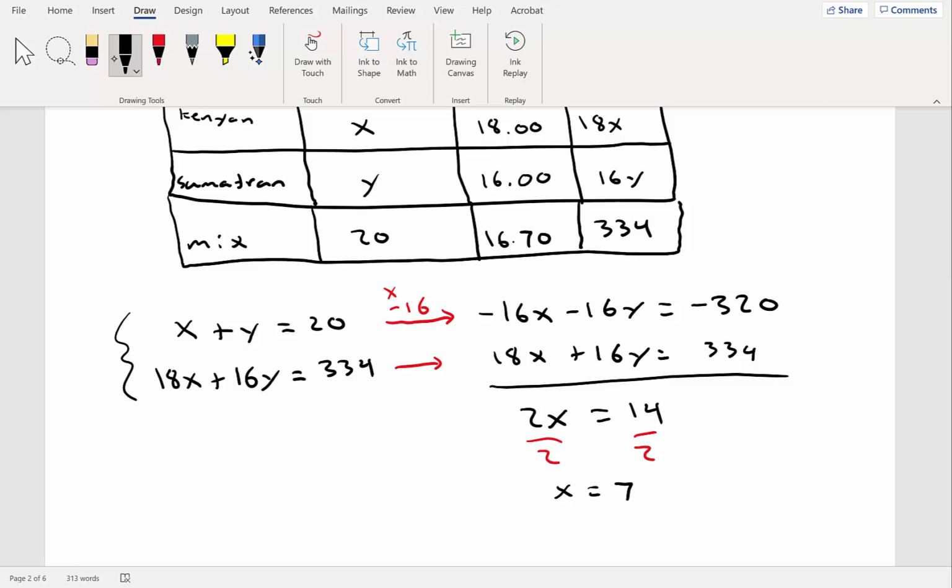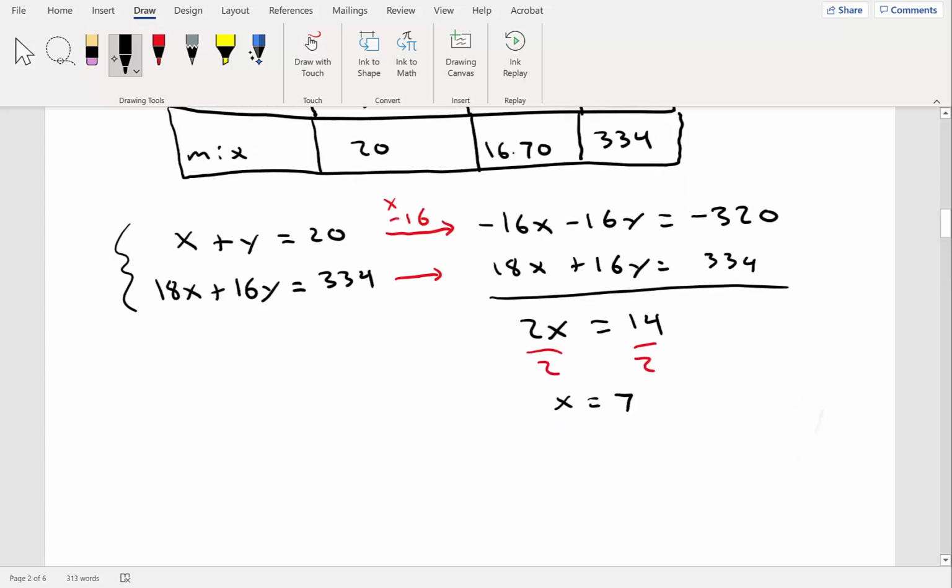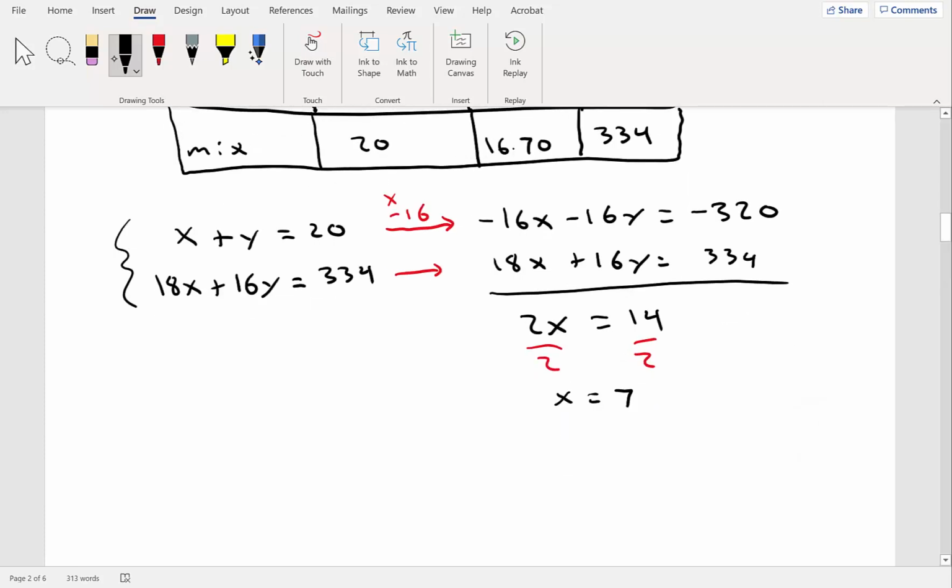Now we have to figure out how much of the Sumatran coffee that we need. So let's plug in our x into one of our equations. The easiest one would probably be that first equation. I'm going to plug in x equals 7 into x plus y equals 20.